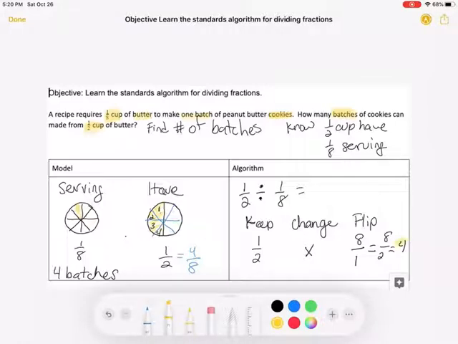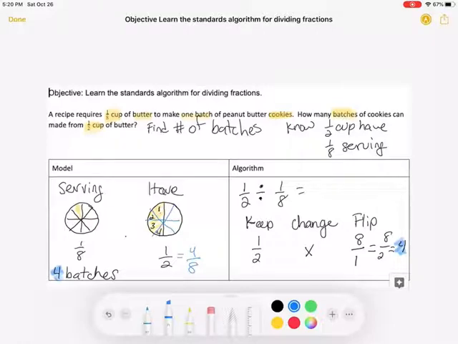If I do this right, I should have matching answers here. So 4 batches and 4. But now let's look at why that worked, because we were trying to figure out how many 1/8 fit into 1/2, and we saw back here in our diagram that we had 1, 2, 3, 4. So that's a little bit of why our algorithm works.